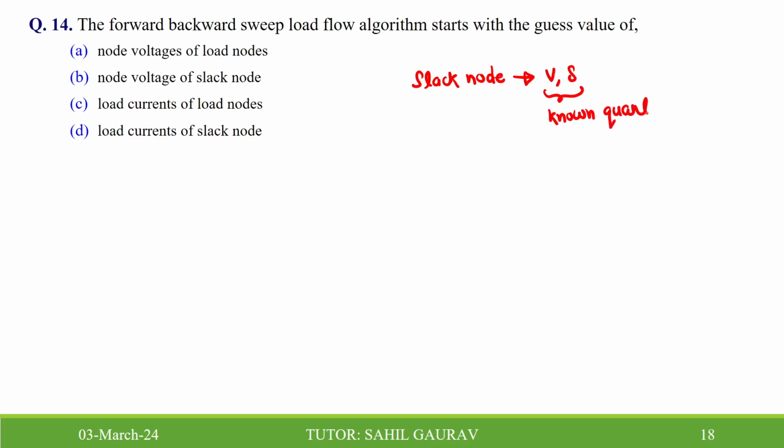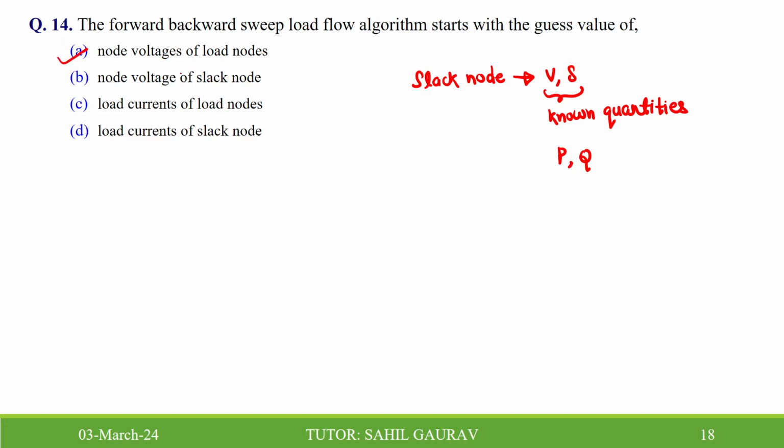Node voltage of load nodes. Yes, A is the correct option. Voltage and phase angle are known quantities at the slack node; the unknown quantities are P and Q. After finding the load node voltages, you can find all the current values and the P and Q supplied from the slack node also. So A is correct: node voltage of load nodes.